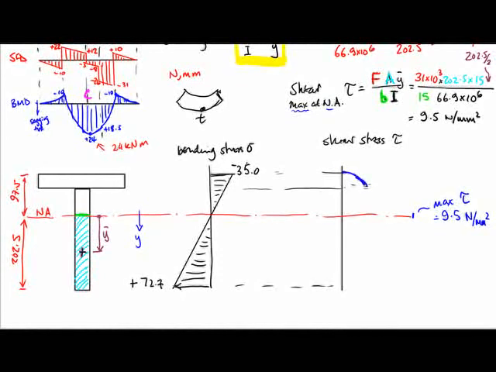It would go in actually a quadratic shape, so parabolic, and then there will be a jump onto the web, and then it will increase to a maximum and then decrease to 0 at the bottom. So the shear stress distribution would look like that.